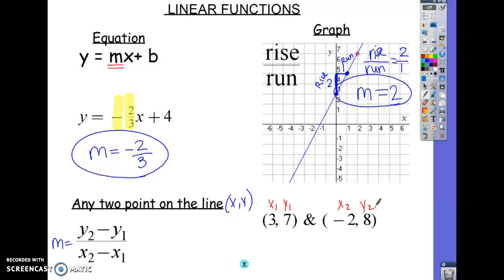I could have flipped those around, but that's what I picked. Now I just plug them into my formula. y2 minus y1 is 8 minus 7 over x2 minus x1, which is -2 minus 3. From there, I just compute. 8 minus 7 is 1. -2 minus 3 is -5. I can write that as -1/5, and that is my slope.